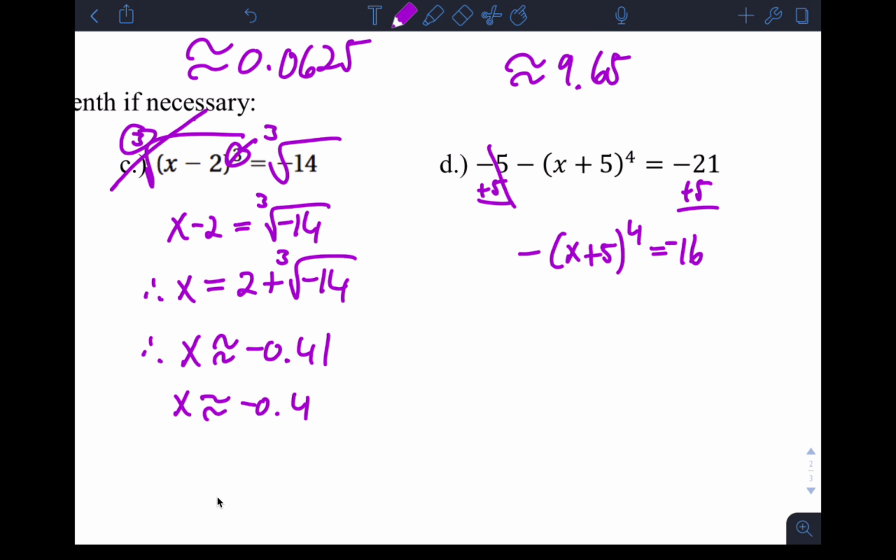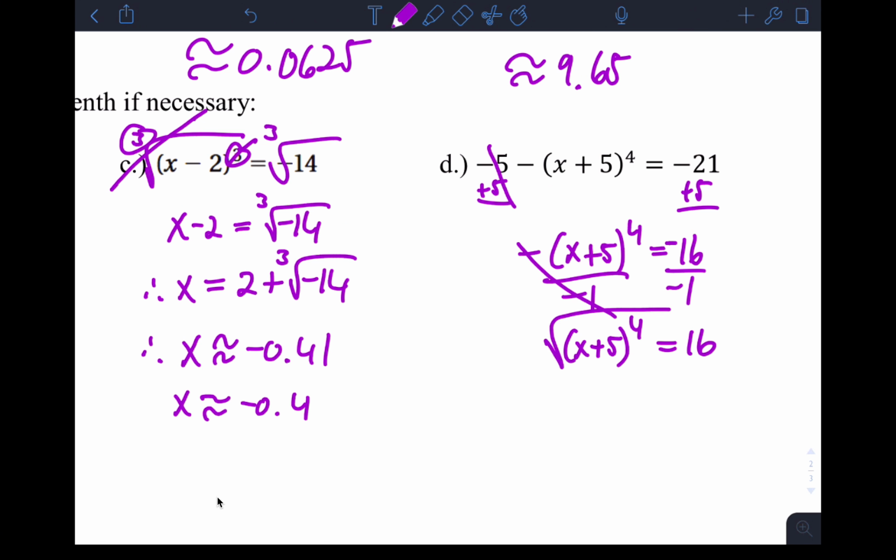And then what we want to do is divide by the negative 1. And so we have isolated (x plus 5) to the fourth power, and this becomes positive 16. Remember, we can't take an even root of a negative number. That would not be a real solution.